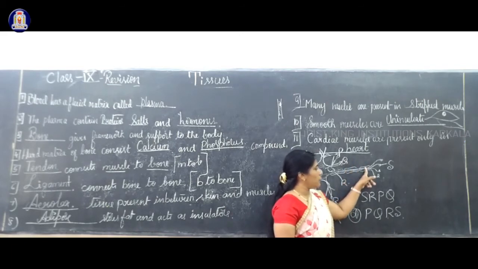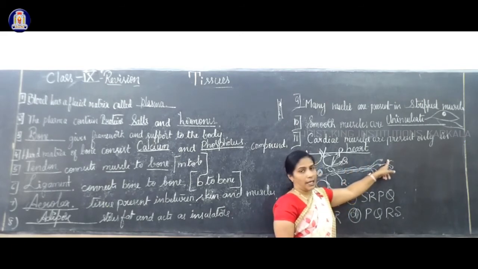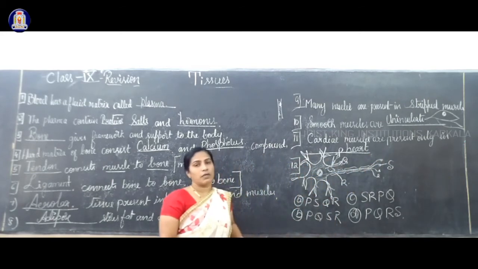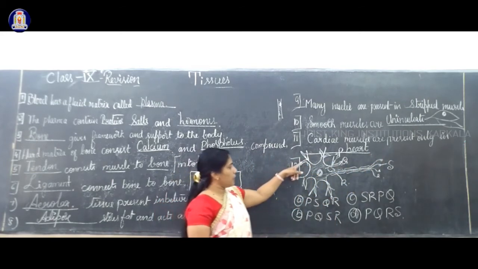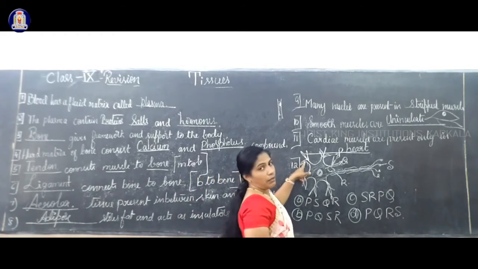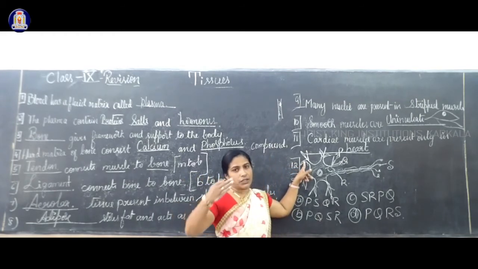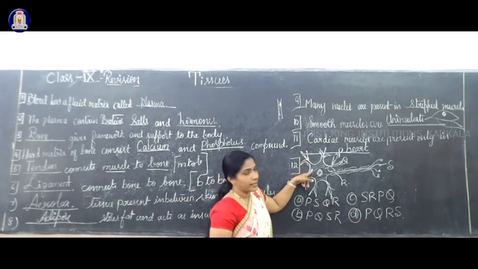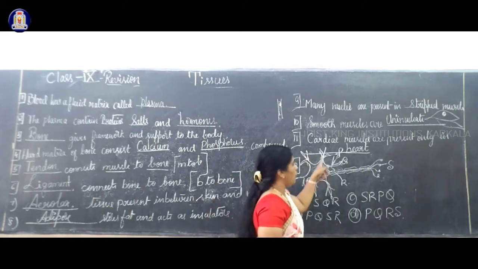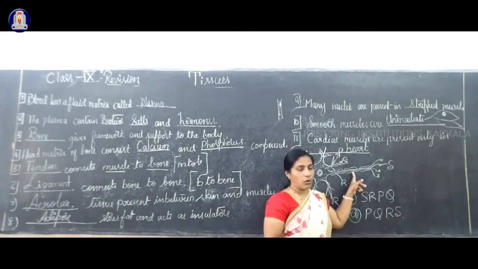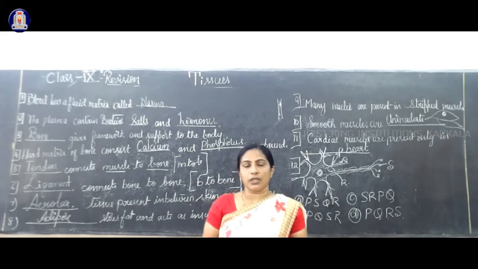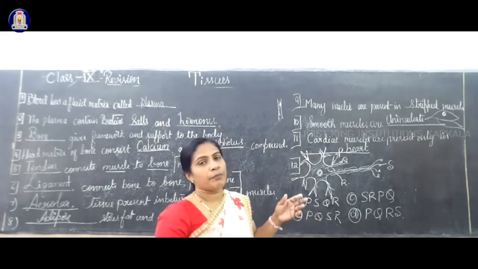Then the myelin sheath, telodendria and the synapse. So how will the electrical impulse flow? When it receives the information, the chemical secretion will change into an electrical impulse in our body, and then it will go to the cell body. From the cell body it moves towards the axon. From the axon it will move towards one more junction, the end of the axon.